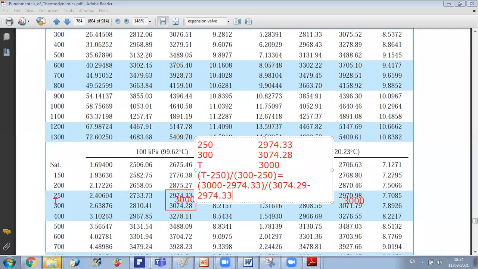And in this equation, the only unknown will be the corresponding temperature at 100 kilopascal.